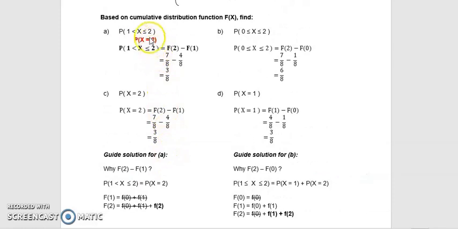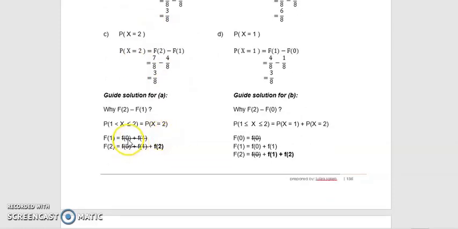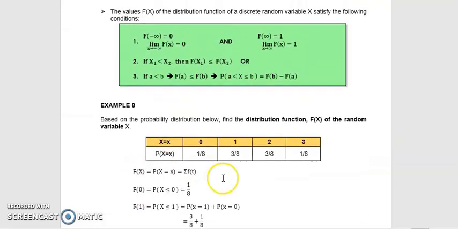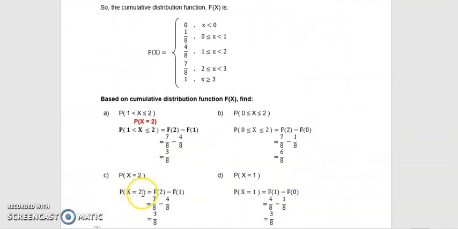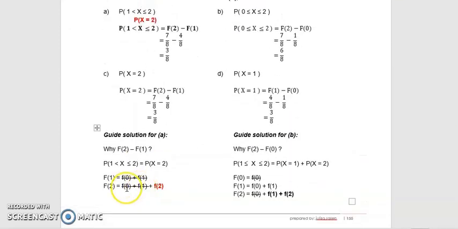Question A, we want x equal to 2 only, right? So if you look here, 0, 1, 0, 1, 2. We want f2 only, the probability of f2 only. So how to get f2 only? f0 minus f0 here will be equal to 0, meaning that f0 is the value 1 over 8, so 1 over 8 minus 1 over 8 is 0.